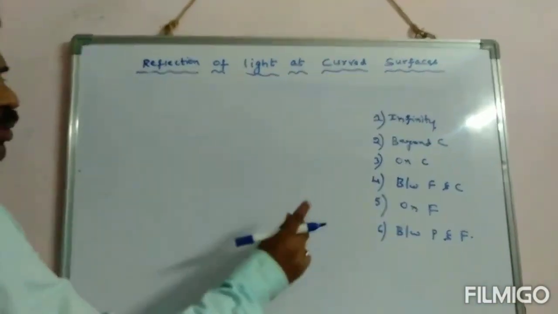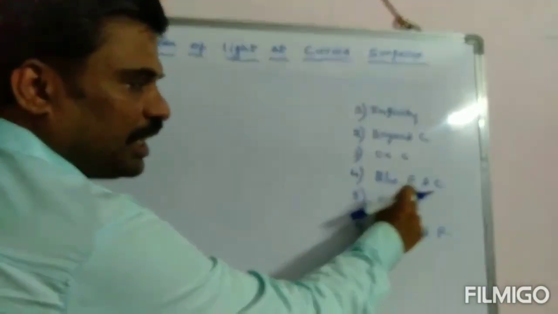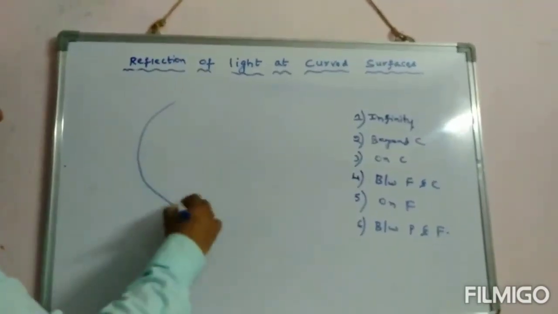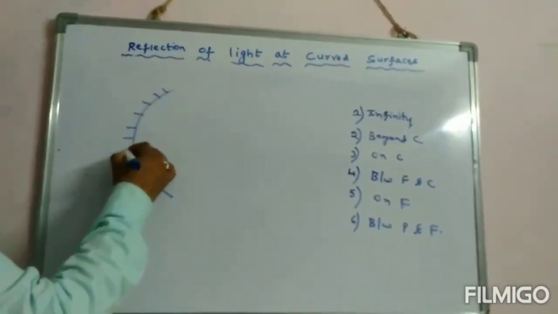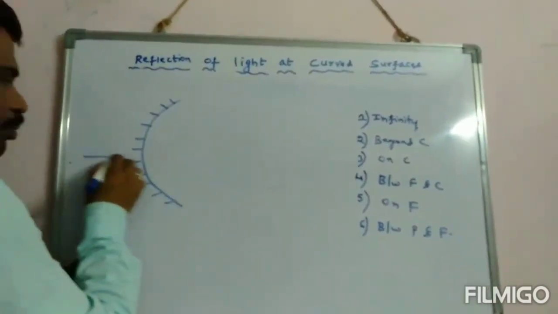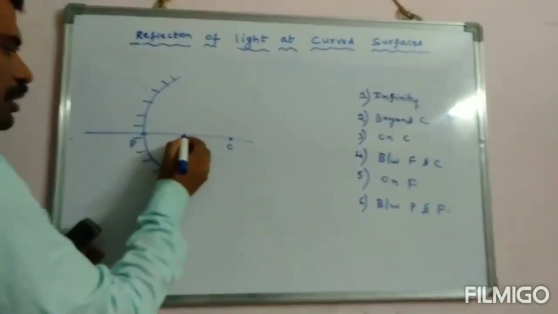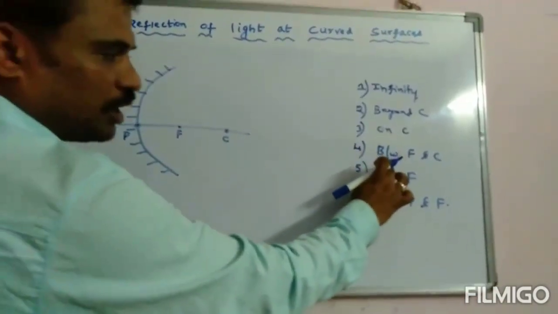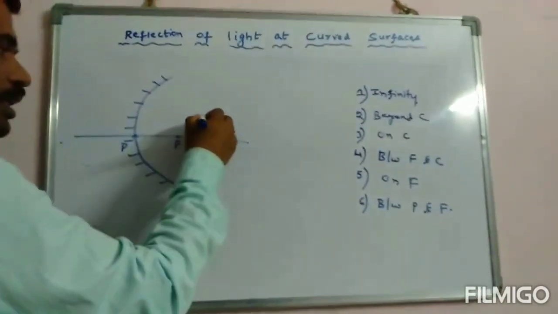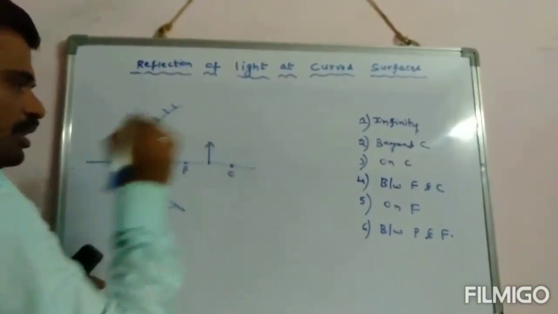Okay. Now let us place the object between F and C. Again I will take a concave mirror, principal axis, pole, center of curvature, focus. Now I am going to place the object between F and C.